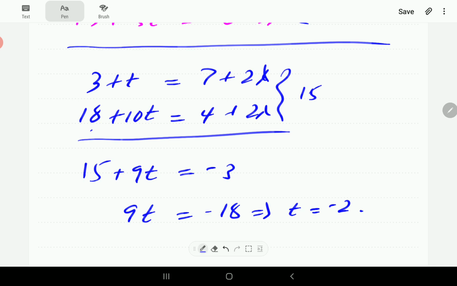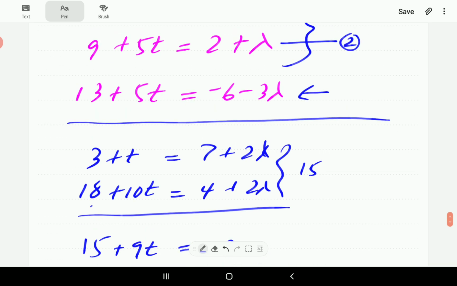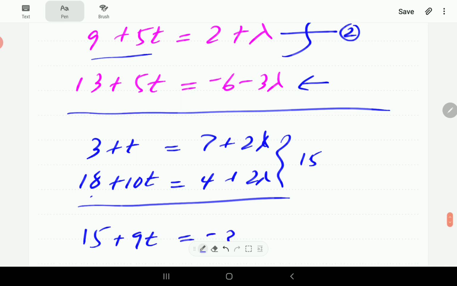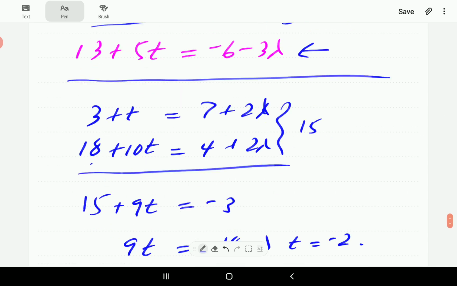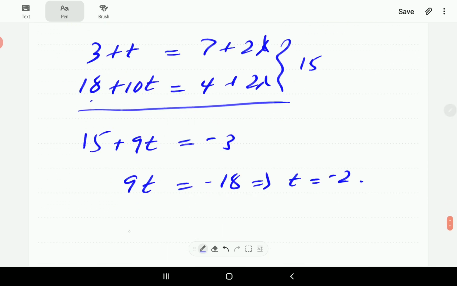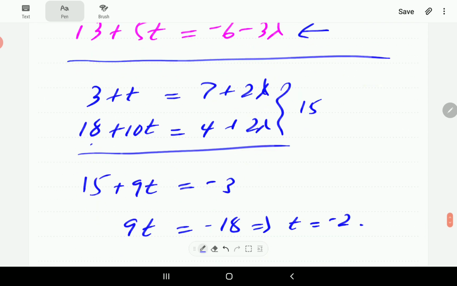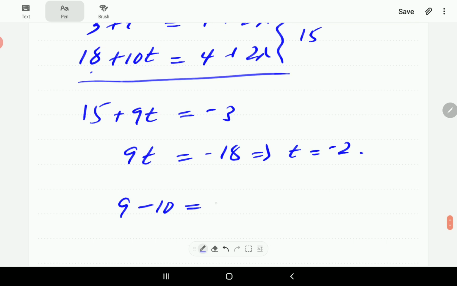And then we can find lambda by plugging into, say, this one. So t is negative 2. So that's 9 minus 10, and 9 minus 10 is equal to 2 plus lambda. So lambda is going to be minus 3. Okay.